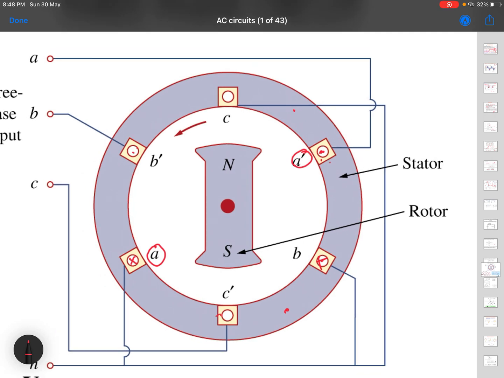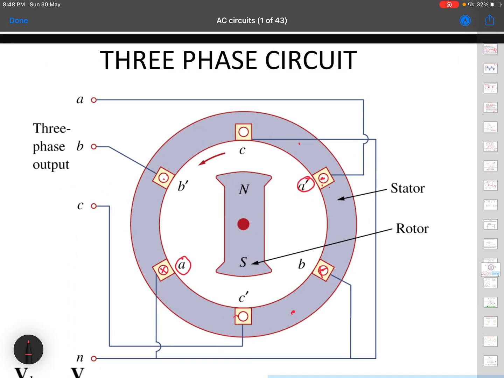If I draw these three coils like this, say this is coil A, A and A dash. I am trying to show it electrically here, not showing how it is actually placed in space. Electrically this is B and B dash.